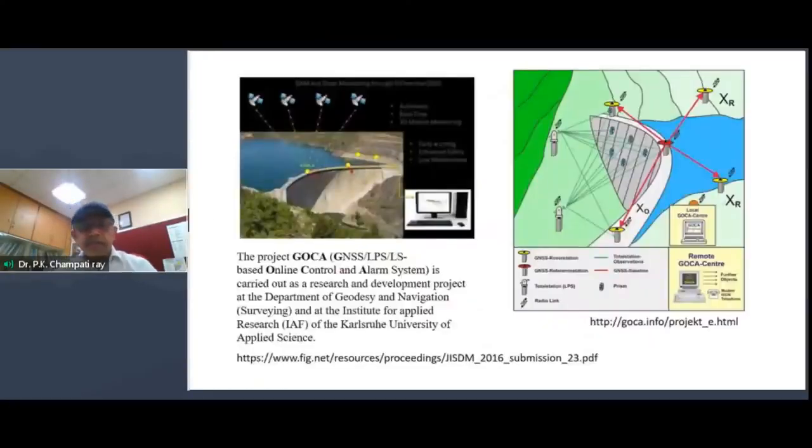This is another example, similar. Most of the dams are being monitored today using a strategy of kinematic GPS, real-time kinematic GPS, and often there are receivers on the dam as well as in the surrounding areas, and all this is monitored to look at the deformation on the dam.